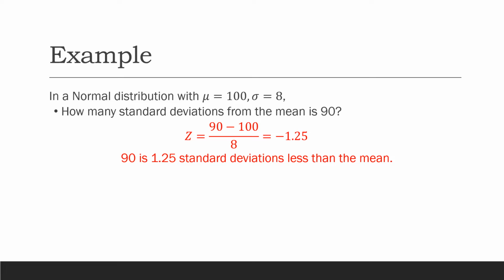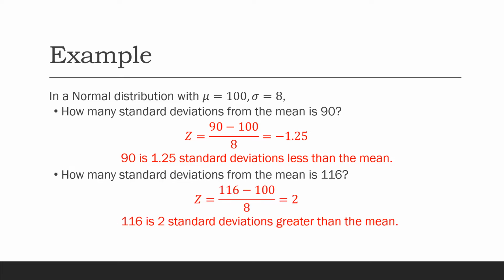Calculating the z-score for 116 in this distribution gives us a z-score of 2. So 116 is 2 standard deviations greater than the mean, and 116 would be a more unusual value in this situation, being more standard deviations away from the mean.